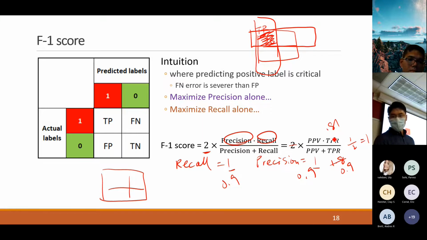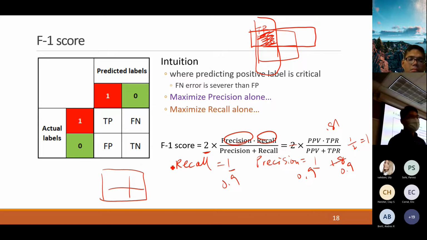So it's 0.81 over 0.9. Not as close to 1, and if you consider the average of these two is 0.9, not as close to 0.9 either, but it's still close enough. So the score didn't change too much from the two. So a high F1 score means a good model.